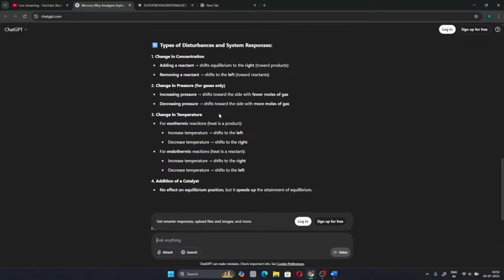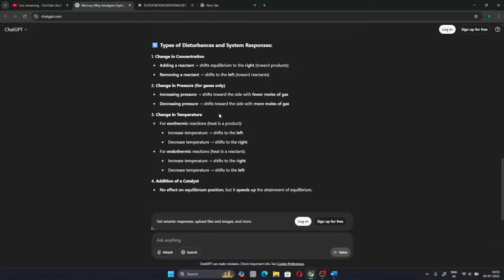As for temperature, for exothermic reactions, when we increase the temperature, it will shift toward the reactant side. When we decrease the temperature, it will shift toward the product side, because it's an exothermic reaction and doesn't need heat. Because of that, for the forward reaction, a decrease in temperature is more favorable.